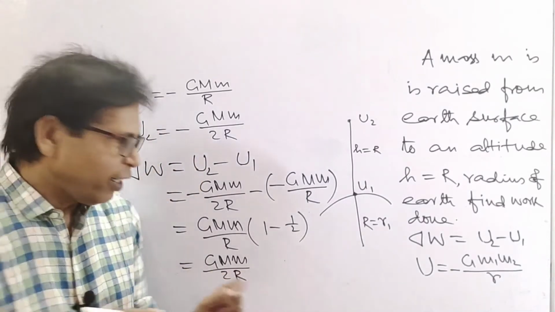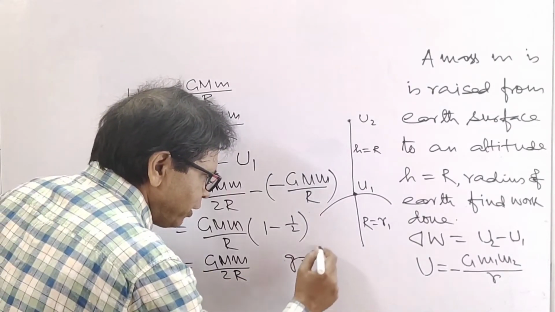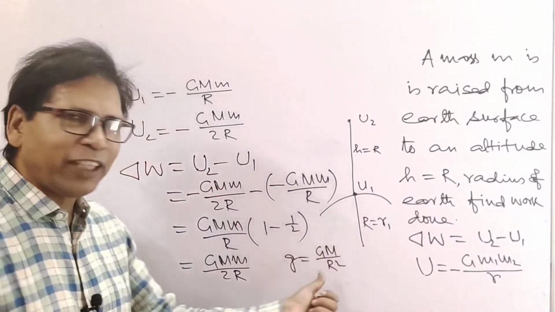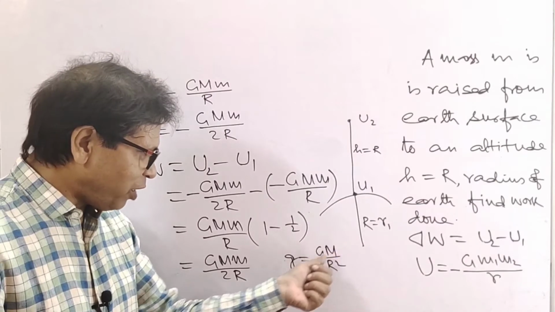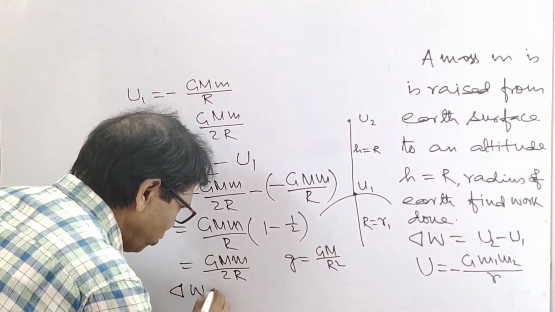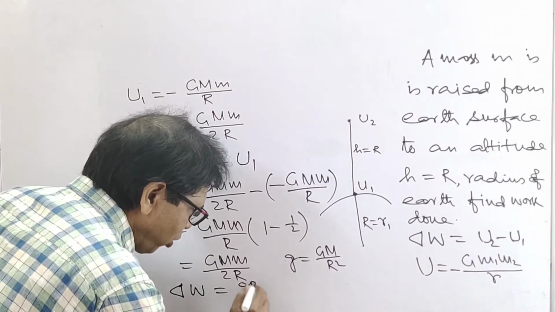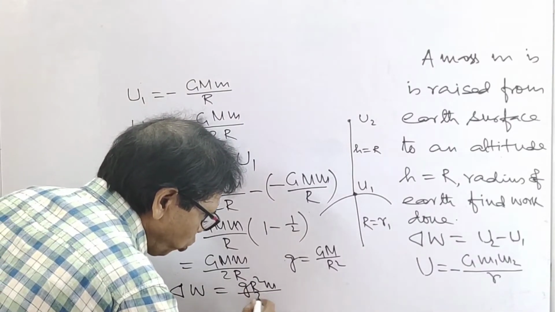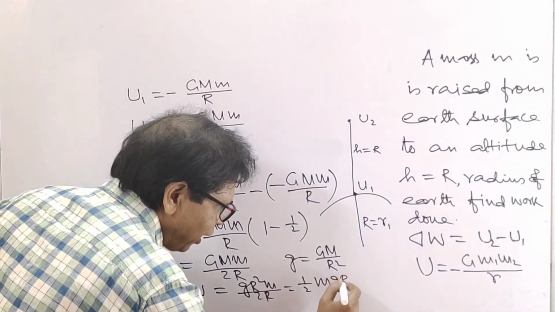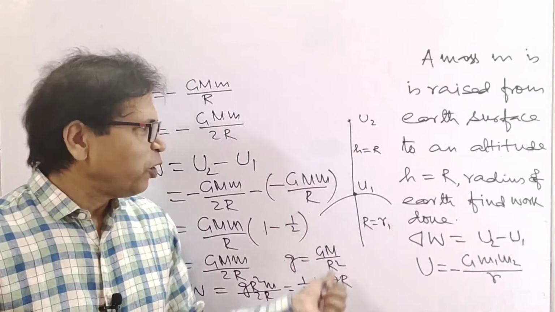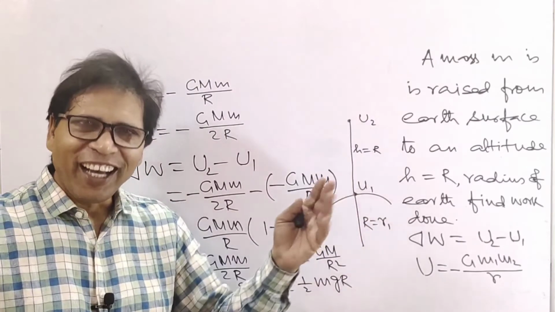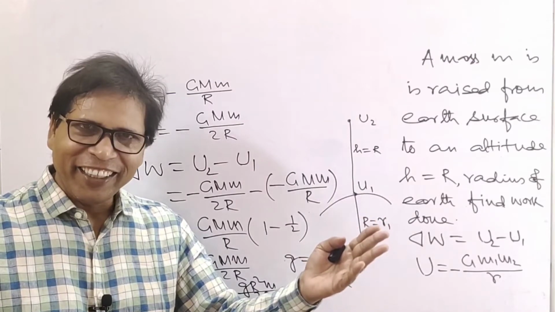Now we know g equal to GM divided by R square, acceleration due to gravity on the earth surface. So GM is equal to gR square. So look at this, the work done delta W, this is the gR square m divided by 2R. So this is the half mgR, the work done to raise the mass from earth's surface to an altitude h equal to R. Understood?